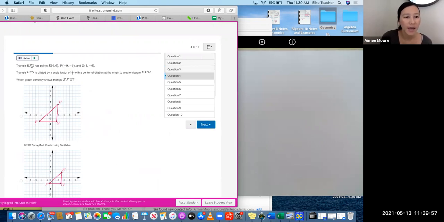Okay, triangle EFG has points E, F, and G. It's dilated by a scale factor of 1/3 with a center of dilation at the origin to create triangle E prime, F prime, G prime. Which graph correctly shows triangle E prime, F prime, G prime? So how would I do that?